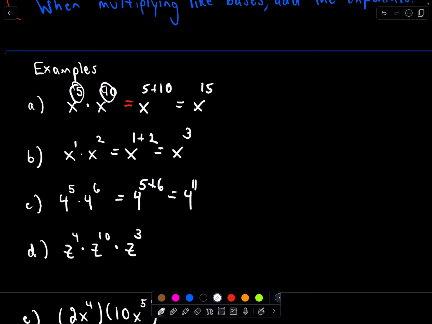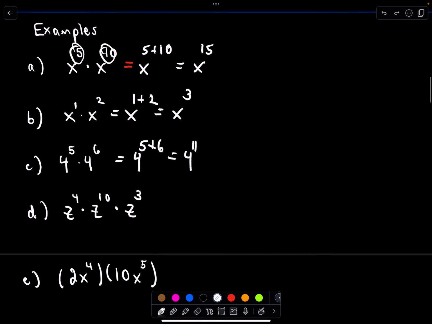And of course, since we're dealing with numbers, you could multiply out 4 to the 5th and 4 to the 6th and multiply them together and get whatever 4 to the 11th is. But again, we're just trying to emphasize those properties of exponents. Well, my last example, the only thing that's really new is instead of having 2 like bases, now I've got 3 like bases.